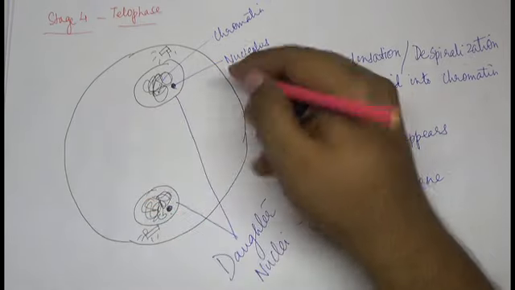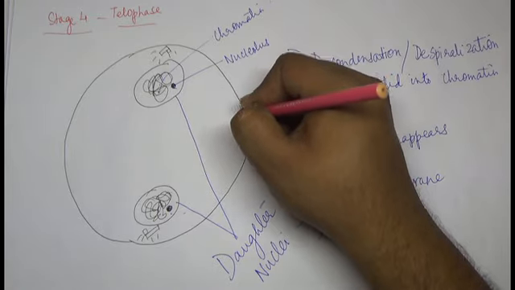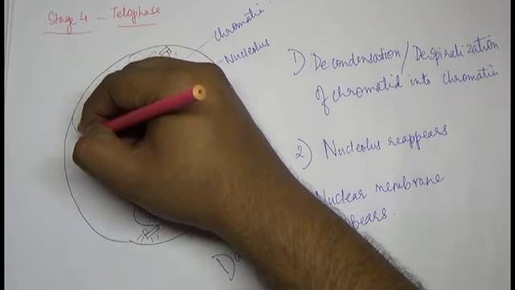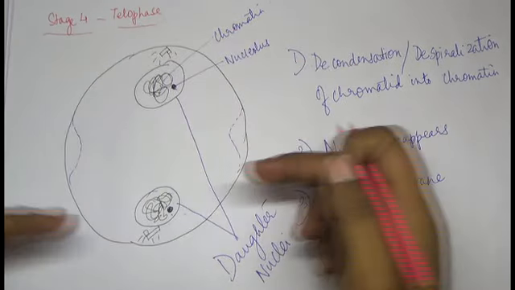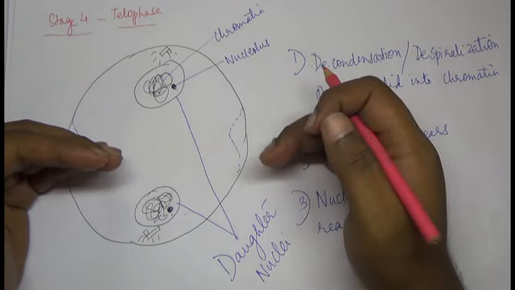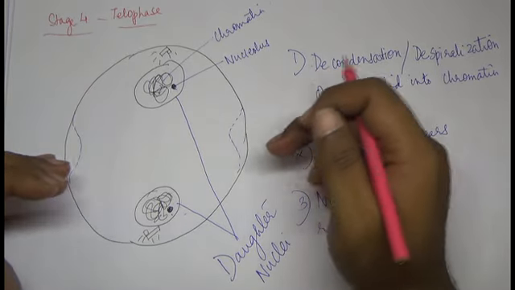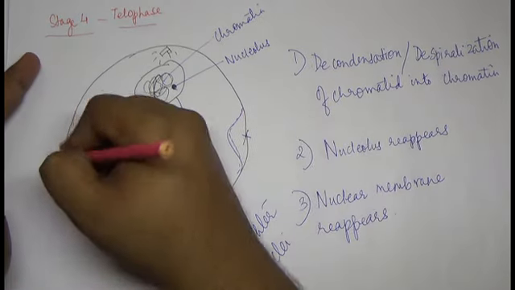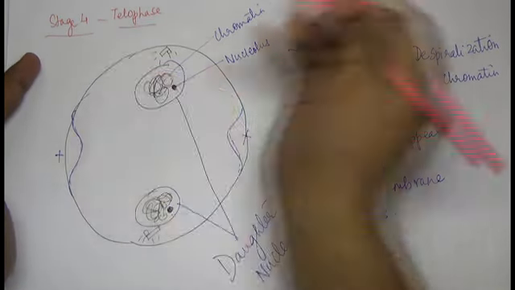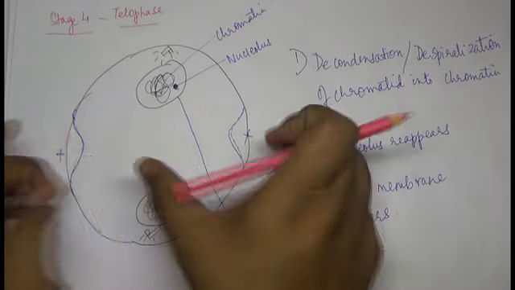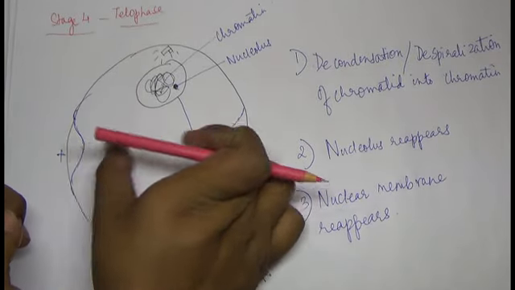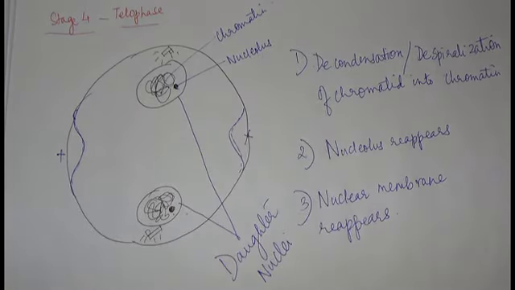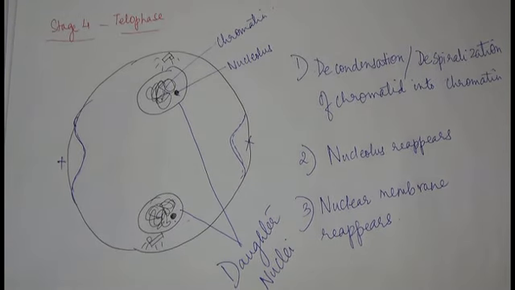This is the equatorial region. The cell will be constricted. The cell will become somewhat like this. The cell will become constricted inwards. This will no longer be there. The cell will become like this. Okay, it will start constricting, and this constriction will further lead, just like amitosis, to the cells separating into two. We'll talk about that later.